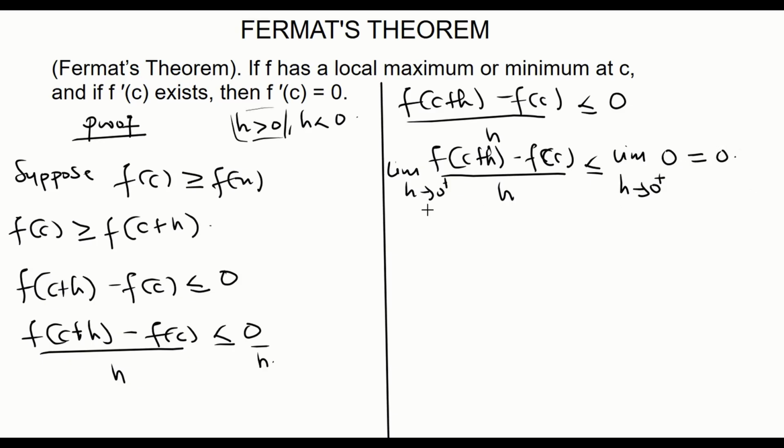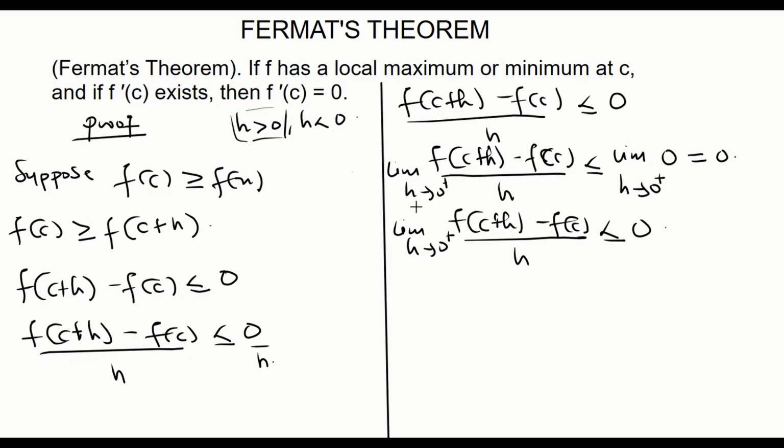So with this we can now put that my limit as h approaches 0 from the right hand side of f at c plus h minus f at c all over h should be less than or equal to 0.